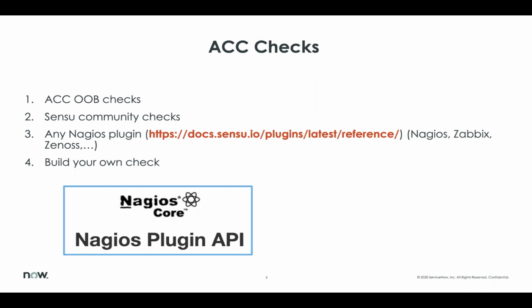We're using this open source technology called Sensu, Nagios plugins, and here's a URL that you can copy. It lists different Sensu checks that you could add. We have several out of the box that we distribute, but you can always add additional checks. There are also instructions on how to add them, or even create your own. You can build your own checks using the same Sensu technology.